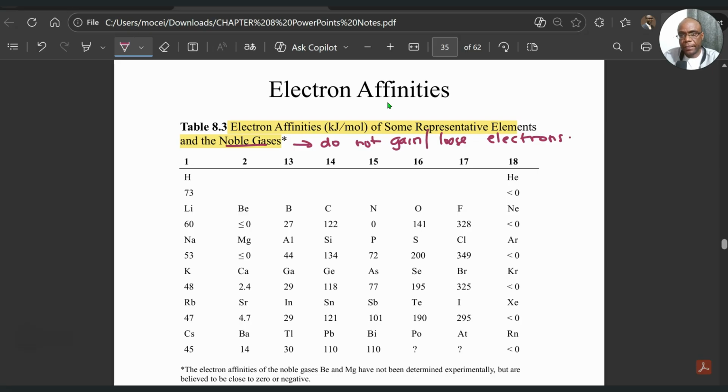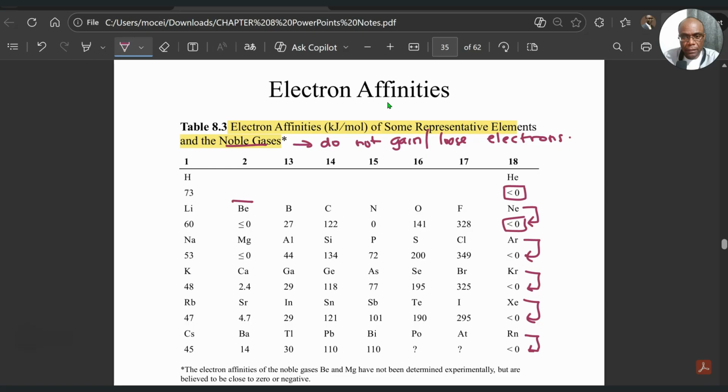And so their electron affinity is virtually not determined, or you could say zero. Helium is 0, neon is 0, argon 0, krypton 0, xenon 0, rubidium 0. They're just not going to gain any electrons.